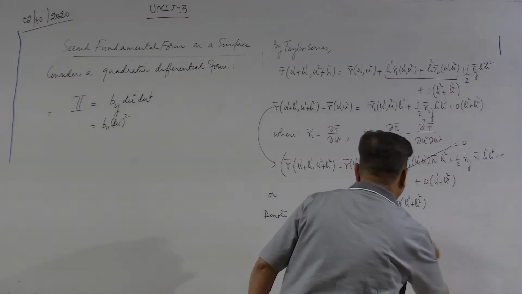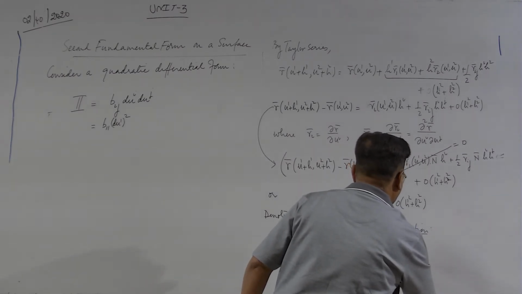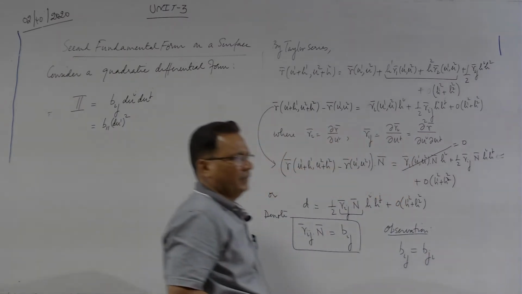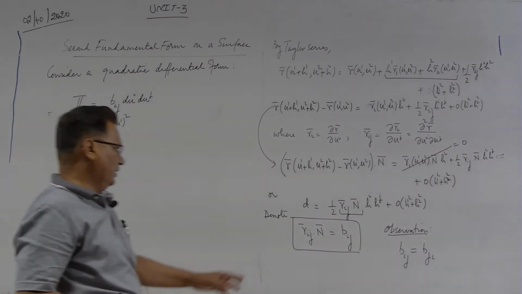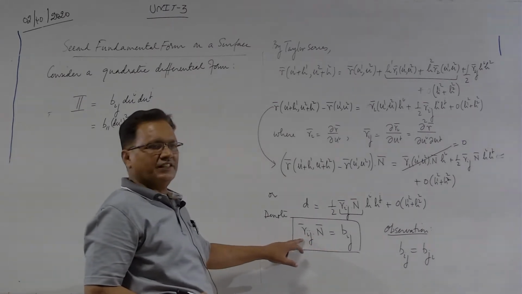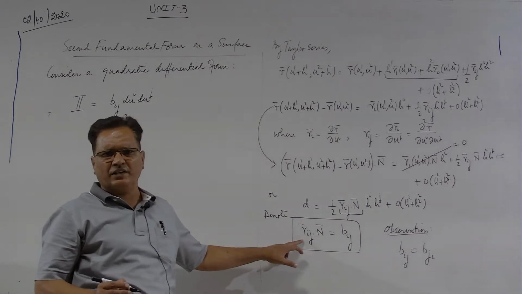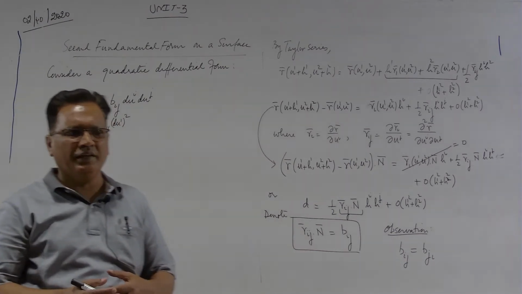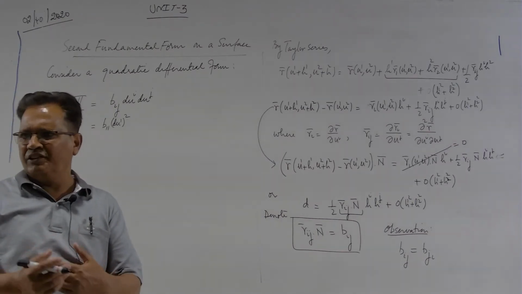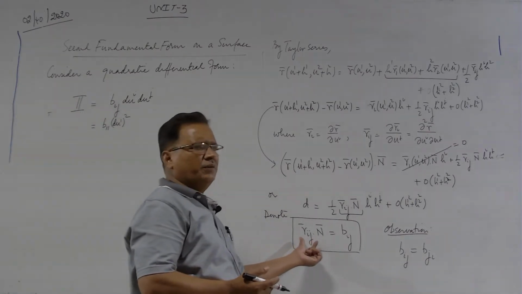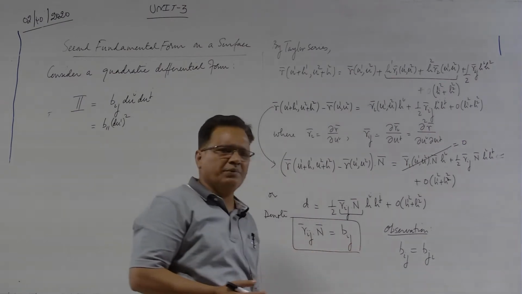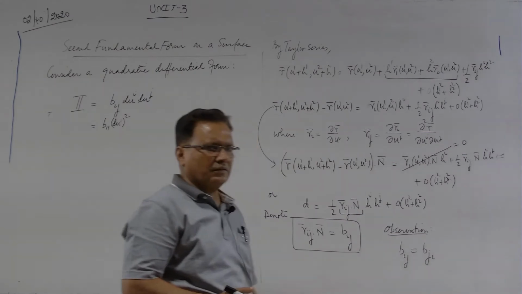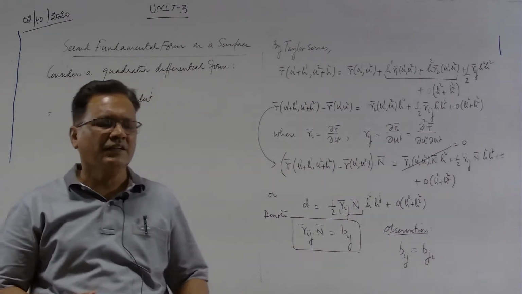The observation is that B_ij is the same as B_ji, because B_ij is r_ij dot n, and r_ij means the second order derivative of r with respect to u_i and u_j, and second order derivatives commute.